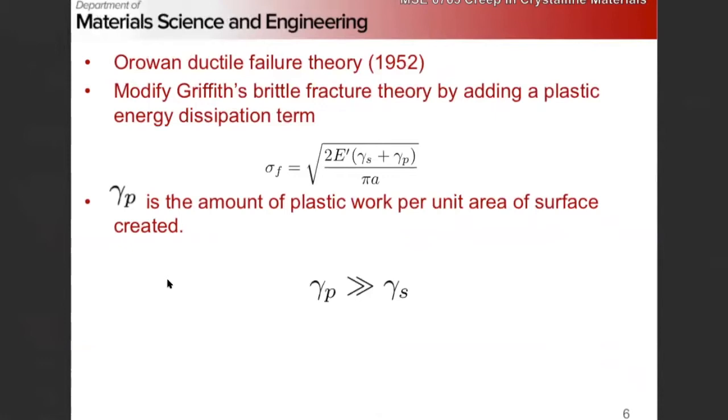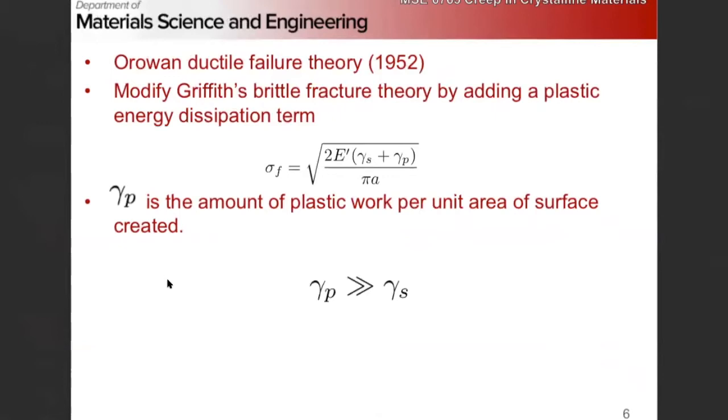But anyway, what Orowan did is basically make an adjustment. We have the surface area, but he also put a plastic dissipation term in here. So this gamma P is the amount of plastic work done per unit area of the cracked surface created.